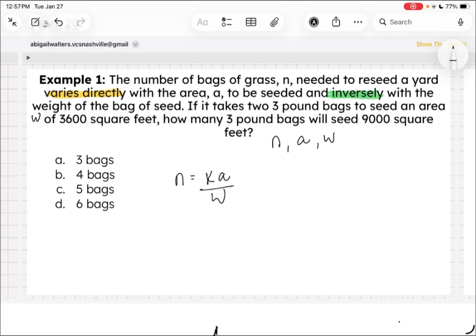Okay, so it says if it takes 2 3-pound bags to seed an area, so N is 3 here, A is 3,600 square feet, and then my weight is 3.